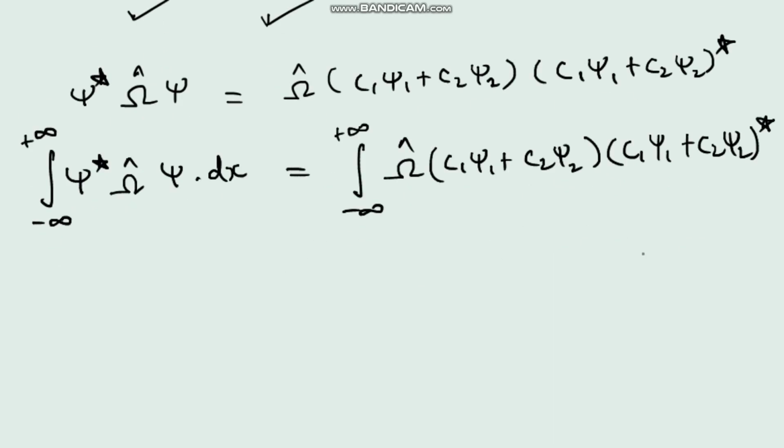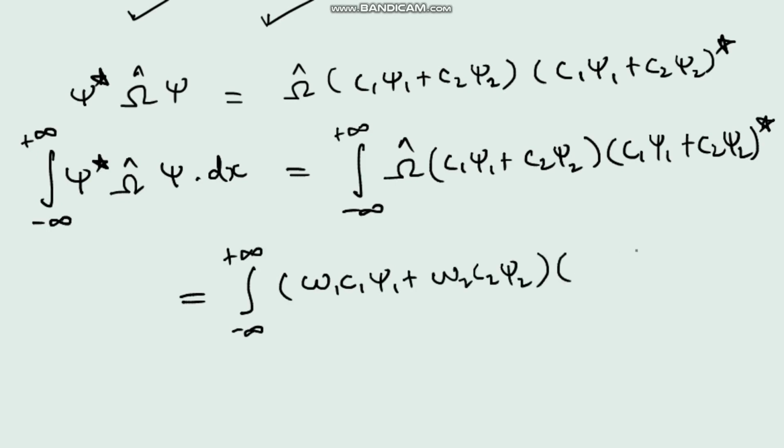So let's solve the right hand side and you will obtain omega 1 C1 psi1 plus omega 2 C2 psi2 multiplied by C1 psi1 star plus C2 psi2 star. Here I am using the property of imaginary numbers.